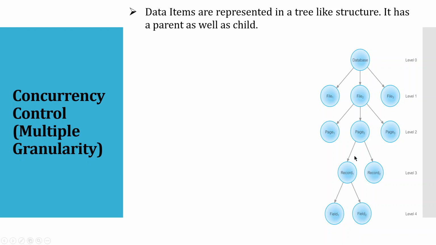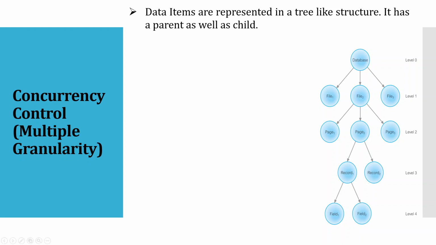So all the children of file 2 will be intentionally locked by transaction T1, because we don't want some other transaction to access them, since the parent of those children is being accessed by transaction T1. So the parent is file 2 and all its subsequent children are intentionally locked. This is the concept of intention locking: if the parent has been locked by some transaction, all its children will intentionally be locked by the transaction, right?